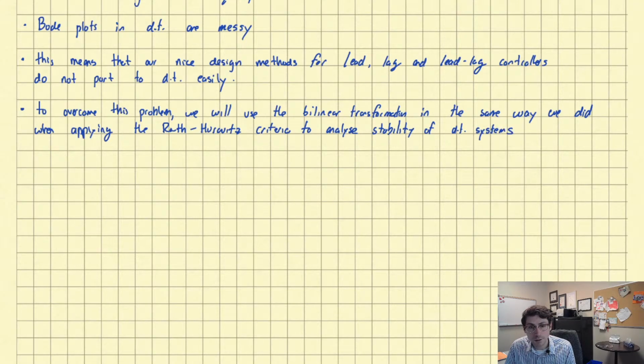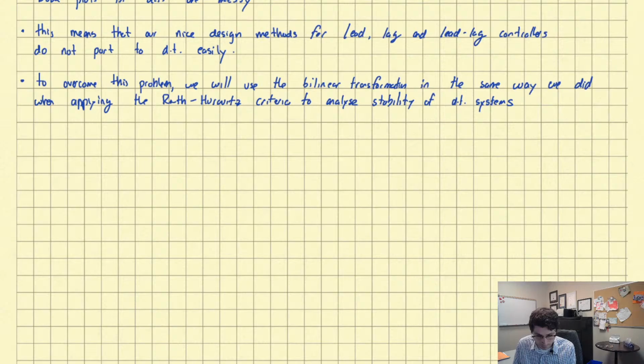I'll remind you what the bilinear transformation is. It gives a relationship between what we would normally call s, but I'm not going to use s, and I'll mention why in a second. It gives a relationship between the continuous time transform variable and the discrete time transform variable. And that relationship is the following.